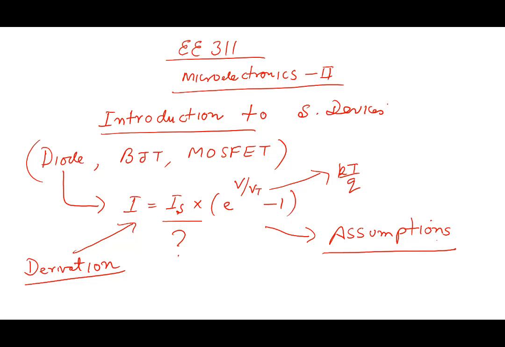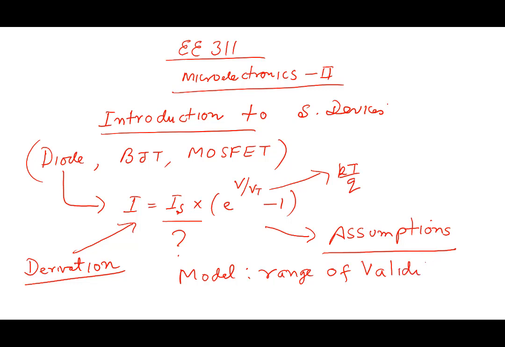What will you do with that understanding? I'll keep on asking that. What will you do with it? You do a derivation. What do you do with a derivation? You know what is the range of... Fine, assumptions. Important point is, once you understand assumptions, every model has a range of validity.